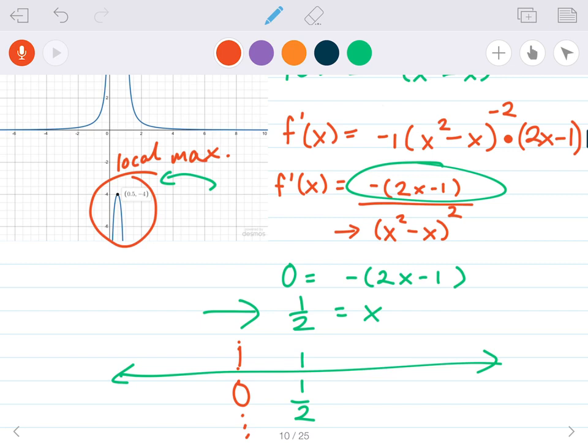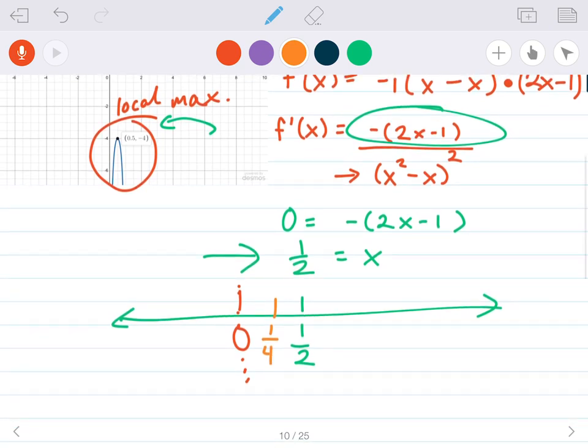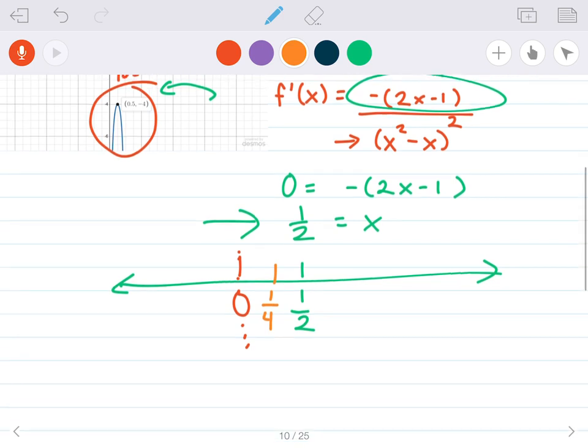What about 1/4? Let's pick 1/4. That's smaller than 1/2, right? Okay, so if we plug 1/4 into the first derivative, let's see what happens.